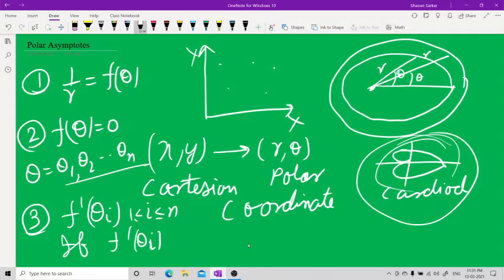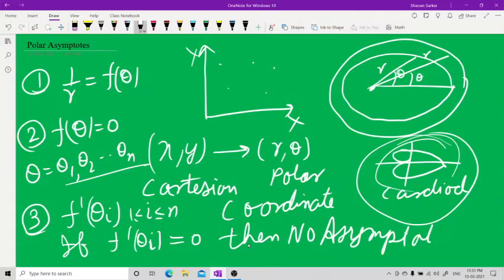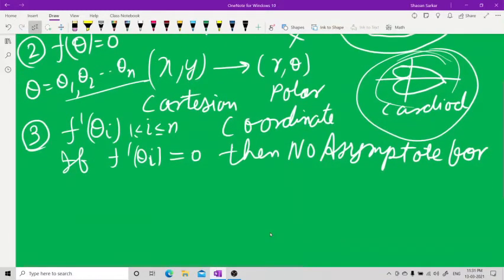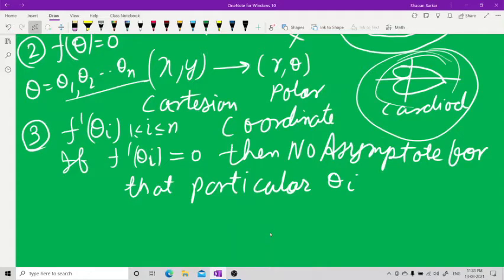Now if f dash theta 1 is equal to 0, then there is no asymptote for that particular theta i. Suppose f dash theta 1 is 0, then there is no asymptote for theta 1.